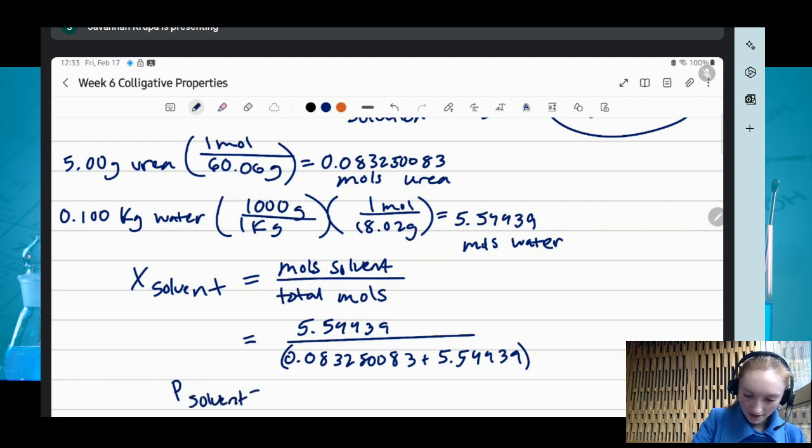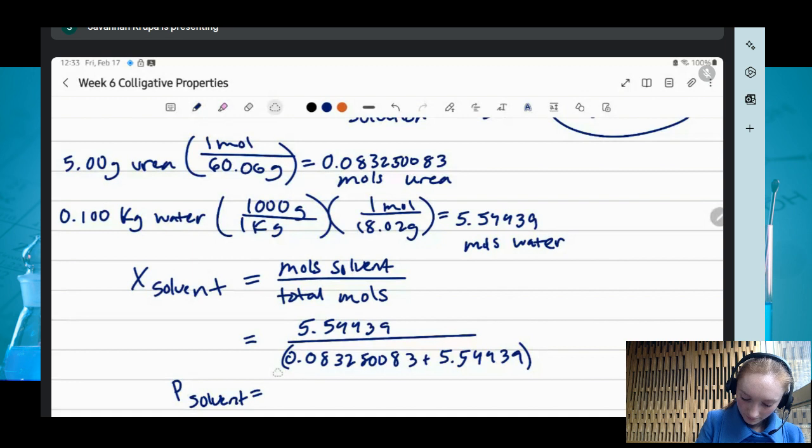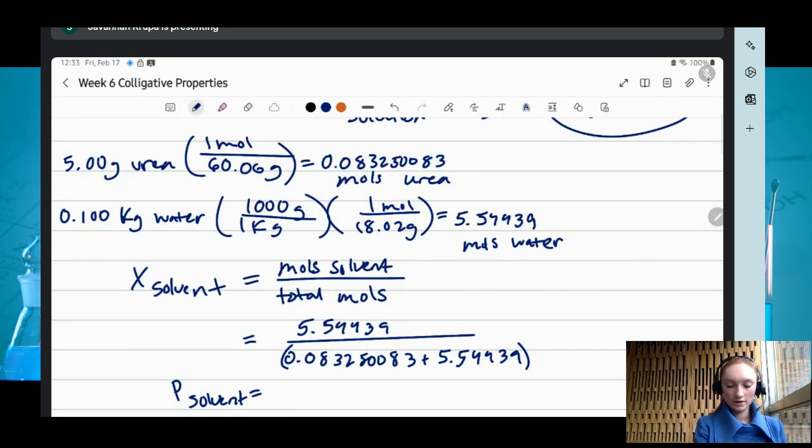So I'm just going to carry that down. Actually, no, I'm going to multiply that before, so it's a little bit cleaner. 5.4439 divided by the total of 0.0832500083 plus 5.4439.